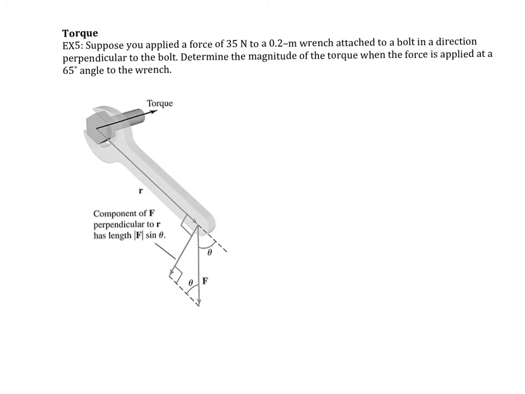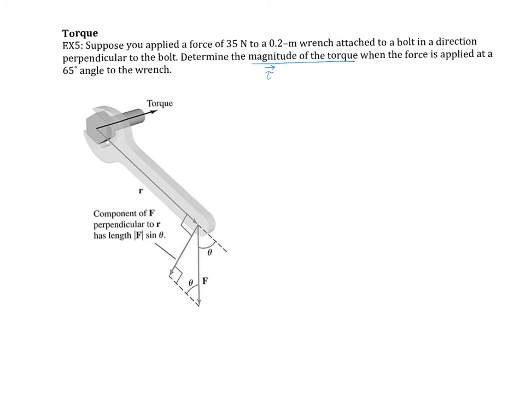So a lot of words going on here. What does it all mean? Well, first of all, we're supposed to determine the magnitude of the torque. So I need to assign a variable to torque. In physics, it's common to use the Greek letter tau for torque.